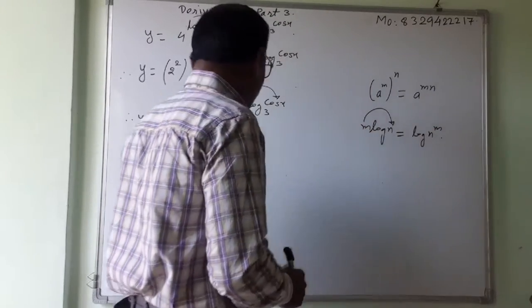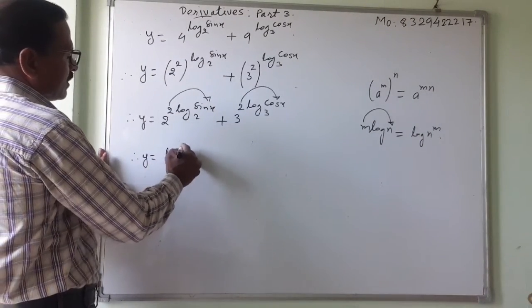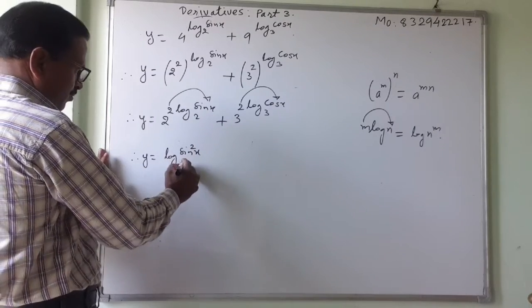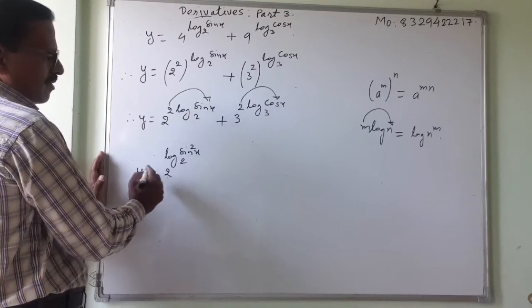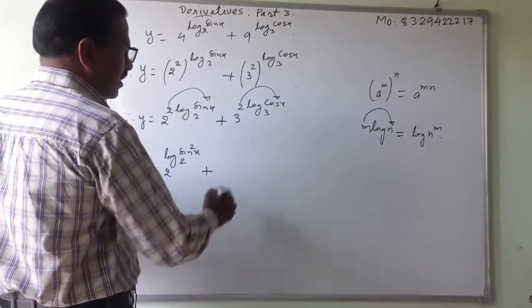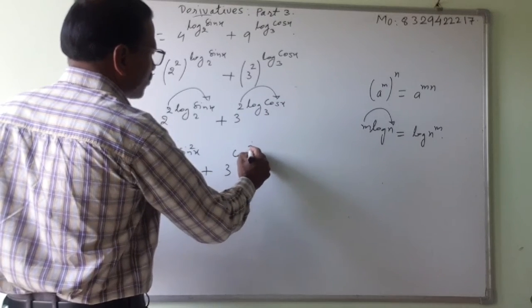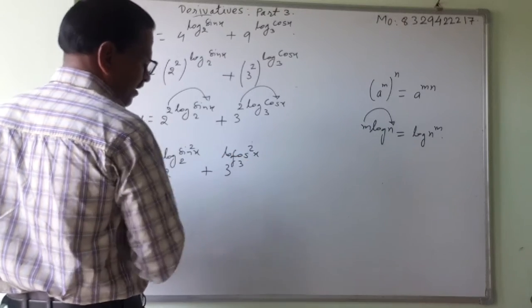This way I can do. The same way I am doing it. Log of sin x its square to the base 2, and here it is 2 raised to. This is y is equal to plus this 3 raised to, this will be going here cos square x. This is log and to the base 3.